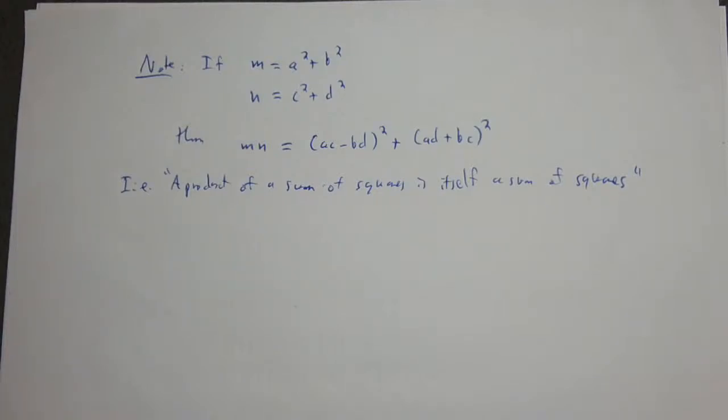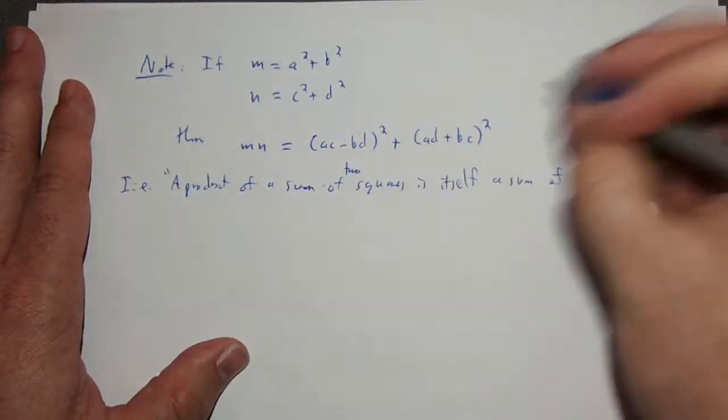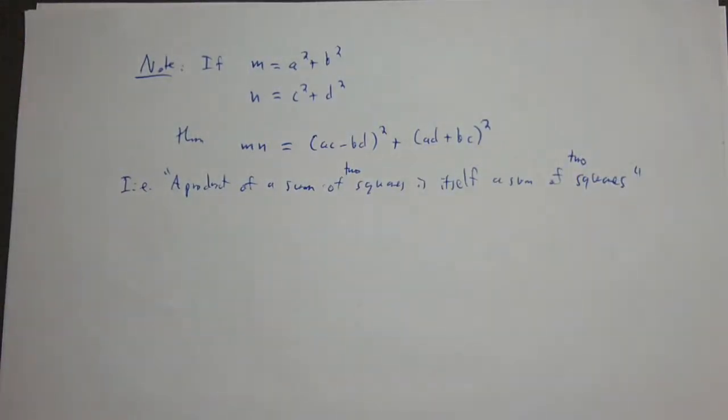I've been pretty loose with the terminology I'm saying here. I'm saying a sum of squares. You might mistakenly believe I mean a sum of any number of squares. So in this case in particular, I'm talking about a sum of 2 squares. Of course, we had a similar formula that finished off our proof of this fact proven by Lagrange that every positive integer is a sum of 4 squares.